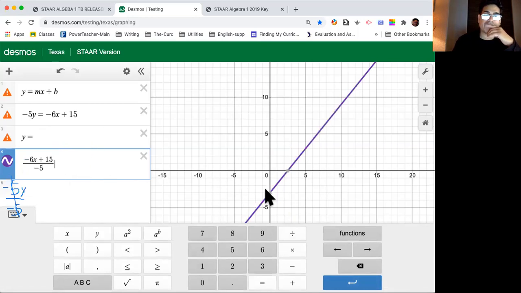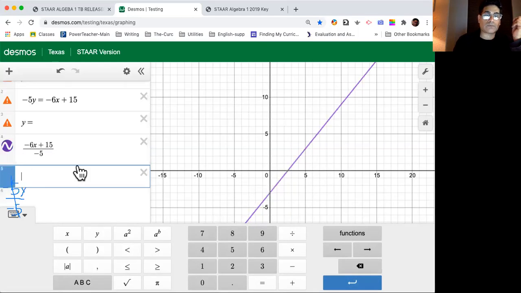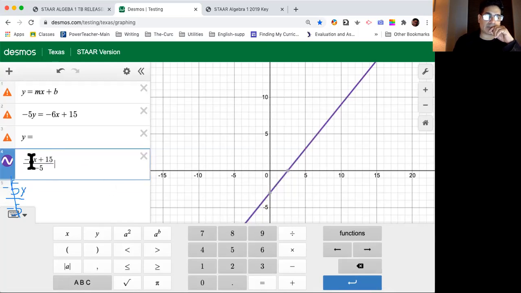It's giving me a value here, isn't it? But it's not giving me that mx plus b format. It's giving me the line, but not that format. So let's go ahead and get that.